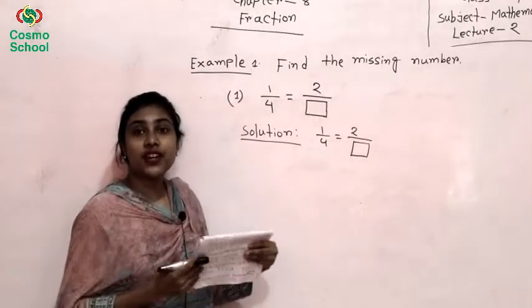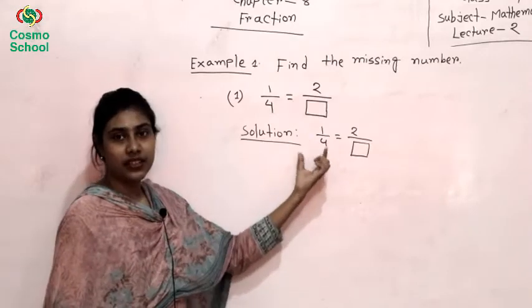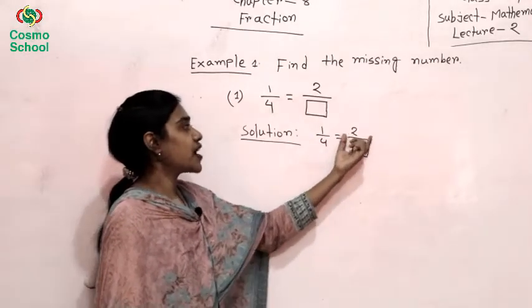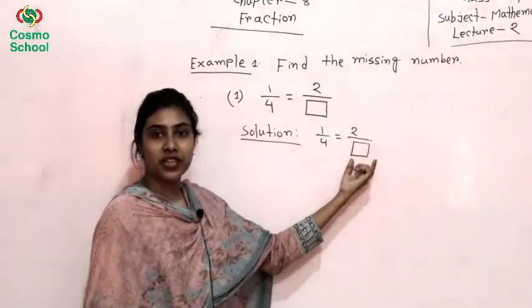I can see the first fraction number is 1 divided by 4 and the second fraction number is 2 divided by something.